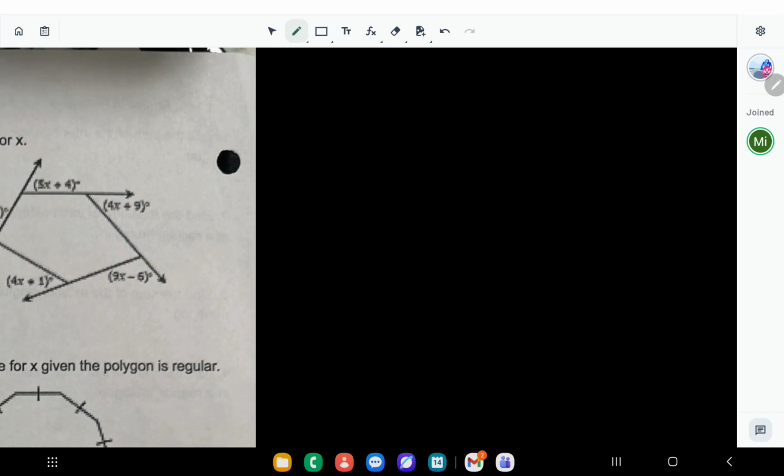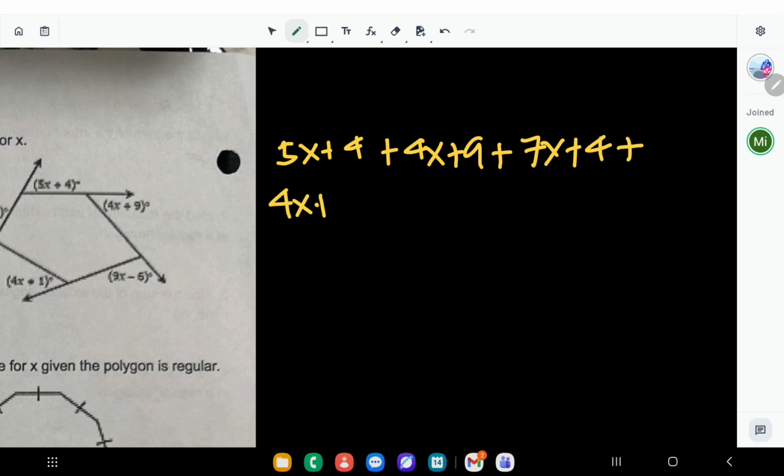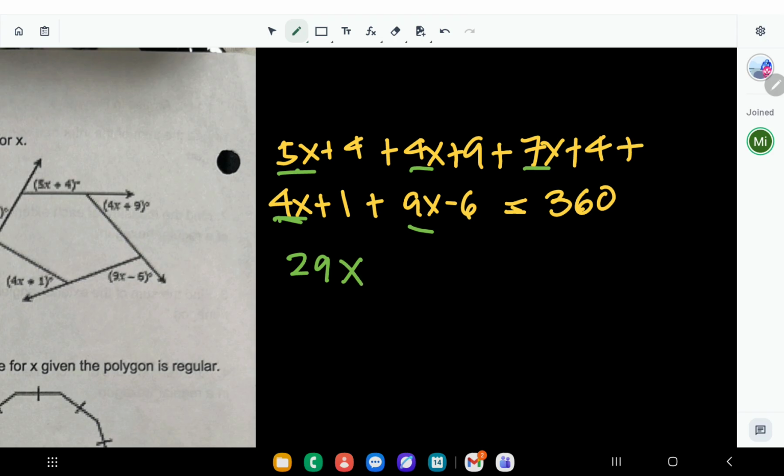So that is 5x plus 4 plus 4x plus 9 plus 7x plus 4 plus 4x plus 1 plus 9x minus 6. Is that right? Okay. Then we group like terms: 5x, 4x, 7x, this one. So we have 9x plus 7x, 16x, plus 4x, 20x, 29x. Is that 29x?